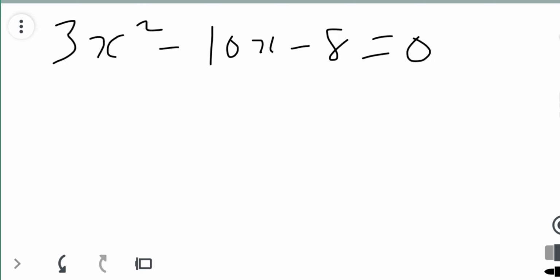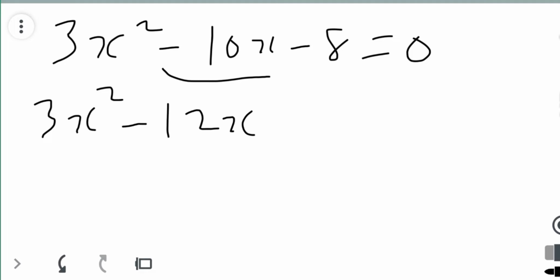So instead of writing this 10x, I'll change that and write 3x squared, and don't forget we have the new numbers we are to use now. The first one, minus 12x, the second one, plus 2x, minus 8 equals 0.